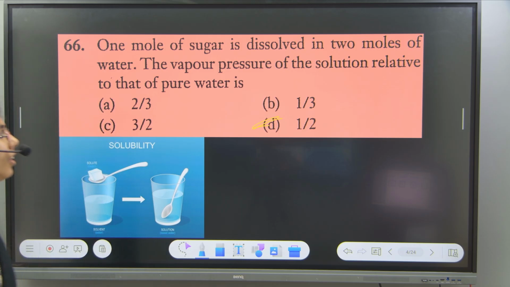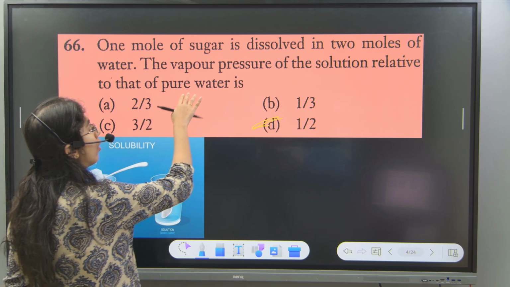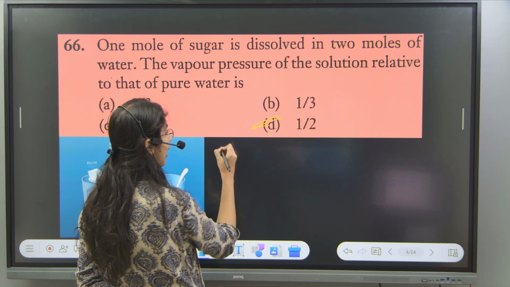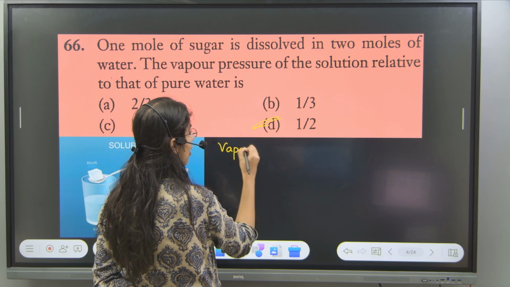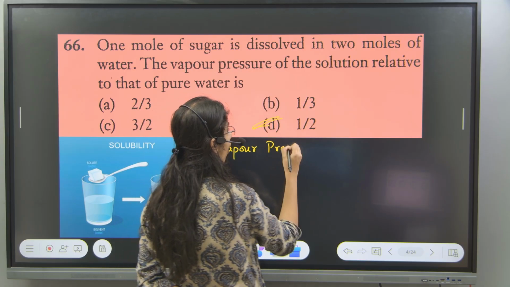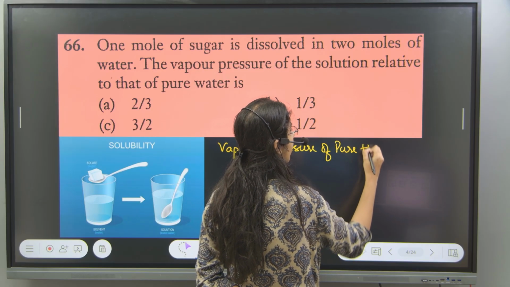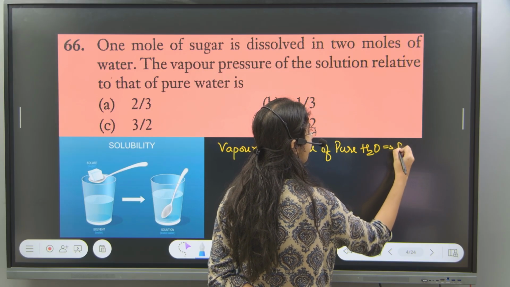So what is the question? They have given 1 mole of sugar is dissolved in 2 mole of water. Now the vapor pressure of the solution relative to that of pure water. Compared to that of pure water, what is the vapor pressure of the solution? Now let us take vapor pressure of pure water, let us take it as P naught.